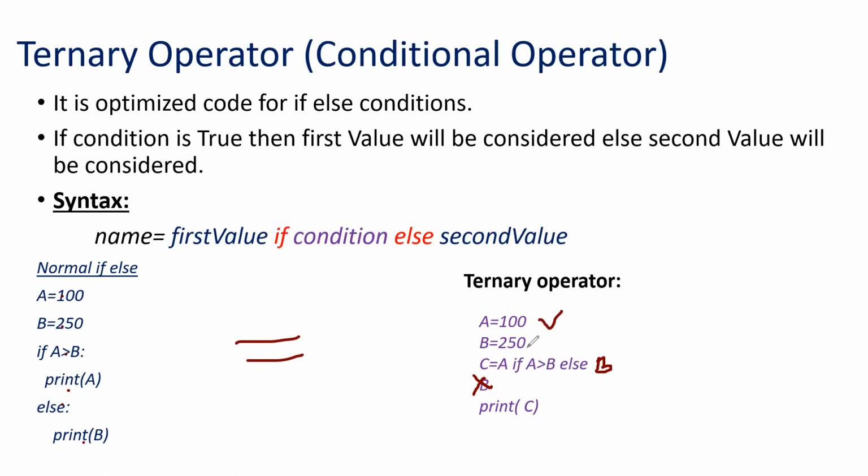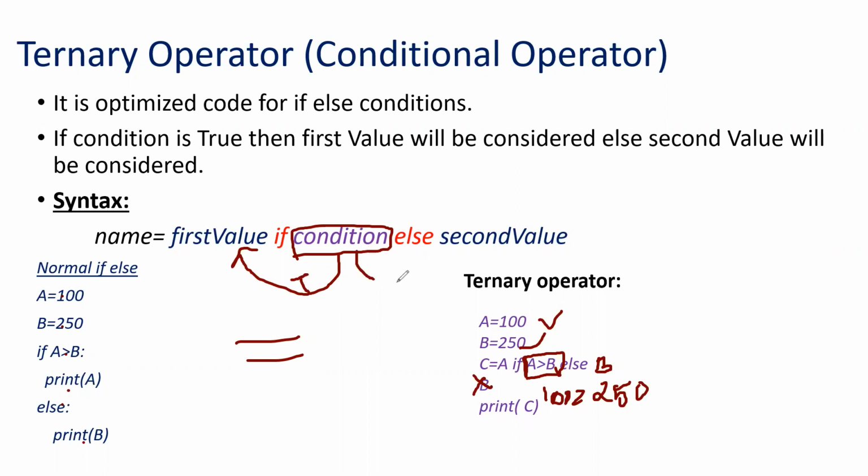So I'm giving A equal to 100, B equal to 250. Now this is the condition, right? 100 greater than 250, so it returns false. What I told: if this condition is true, it goes to the first value. If it is false, then it goes to the second value.